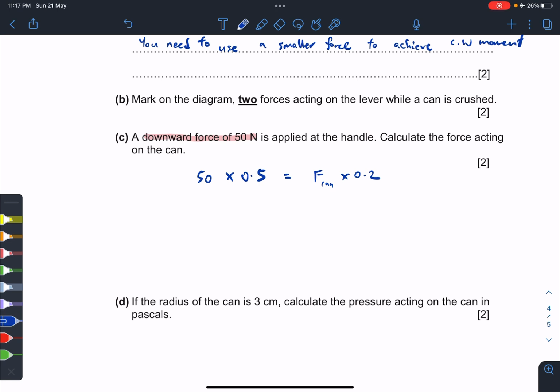It's like the clockwise moment and the anticlockwise moment, they must balance out. So in this case, after simplifying, you realize the answer is 125 Newton, and approximately 130 Newton to 2 SF. Very good.